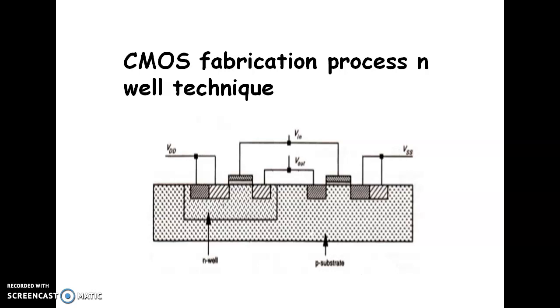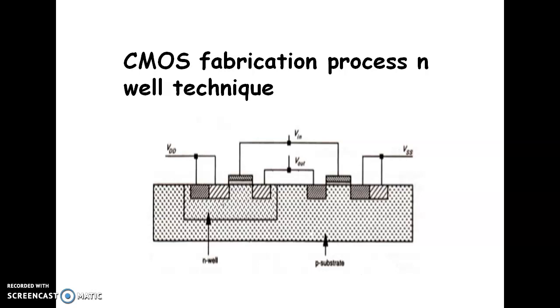N-well fabrication has also gained wide acceptance, and this is the N-well process. The major difference we can see is, previously we had a P-well in which NMOS is fabricated. Here in the N-well, PMOS is fabricated. In the native P substrate, NMOS is fabricated, except that we don't have any other difference.